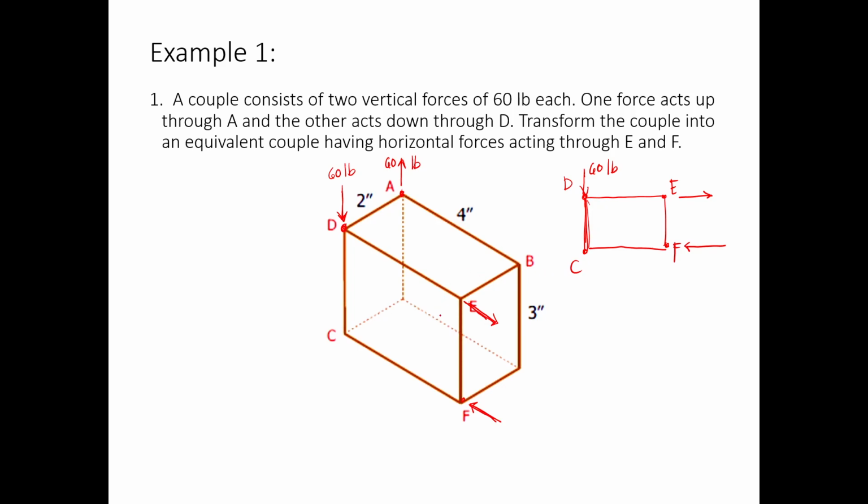What we need to do here is take moment at a certain location. Let's say moment about point E. Again, the moment is just the perpendicular distance from a certain point times the force.